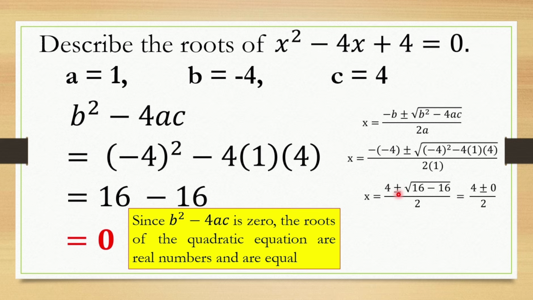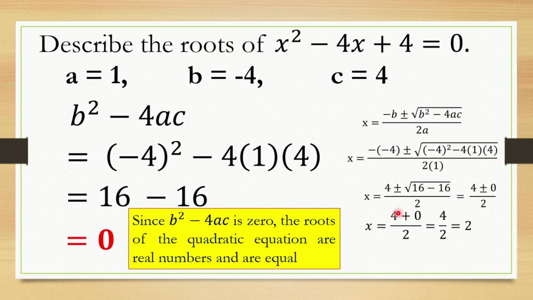Positive or negative, square root of negative 4 squared, that is 16, minus 4 times 1 is 4 times 4, that is 16, all over 2. So, we now have 4 positive or negative square root of 0 over 2.